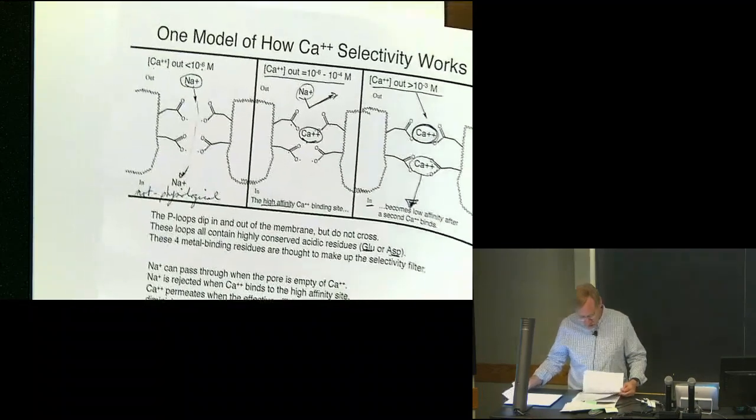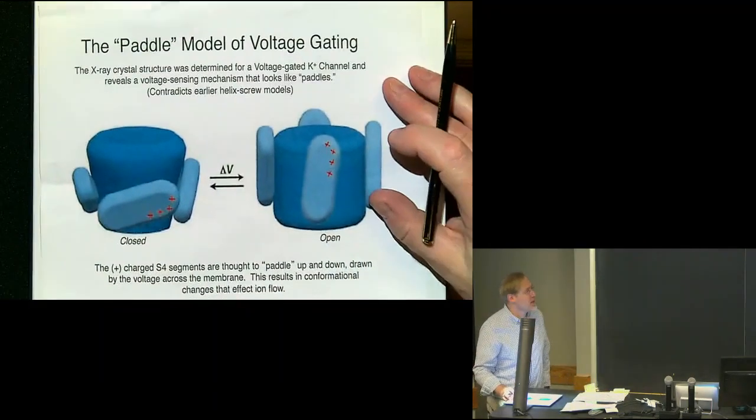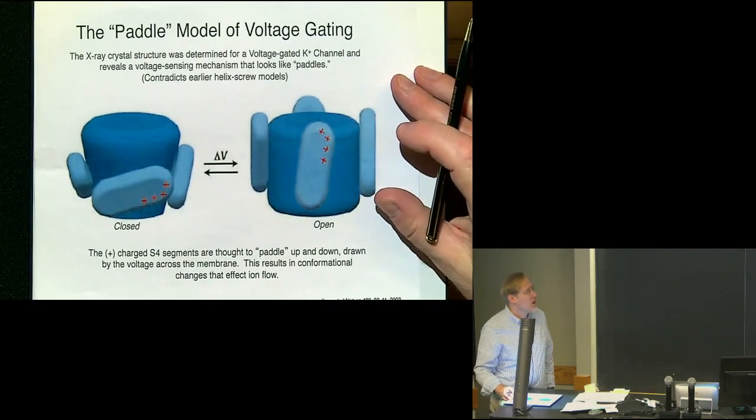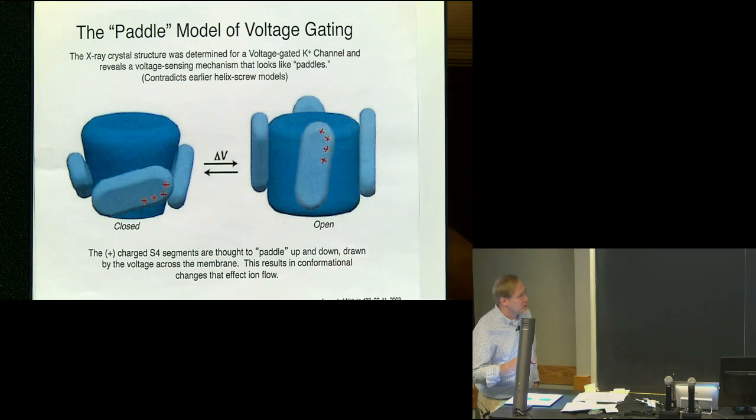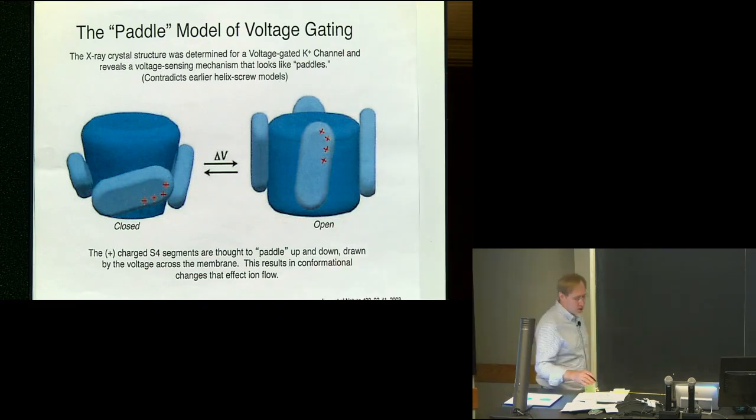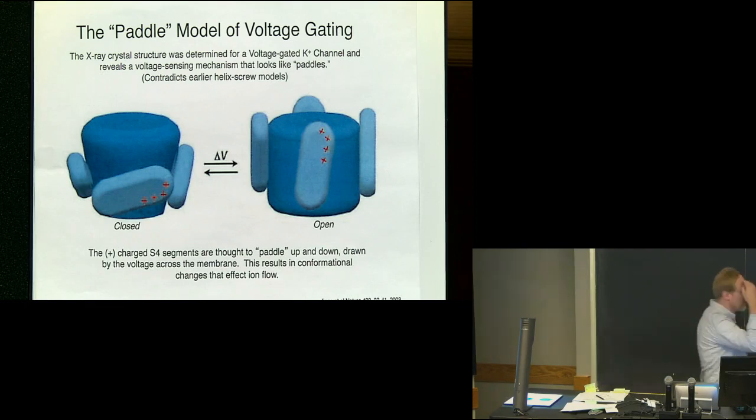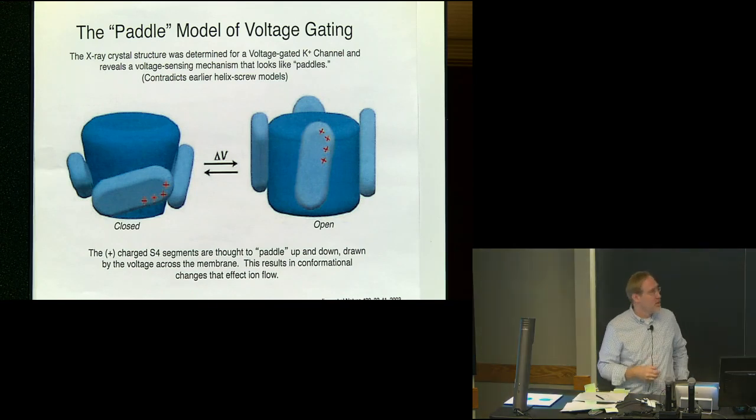Now, the other thing that's weird about these is the idea that they can allow ions to flow through depending on change in voltage. I mean, usually with proteins, I think of a ligand binding to it, you get a conformational change and it opens or it closes. That's kind of easy to understand. They're all sort of physical interactions. Something binds, it changes the conformation, allows an ion to come through.